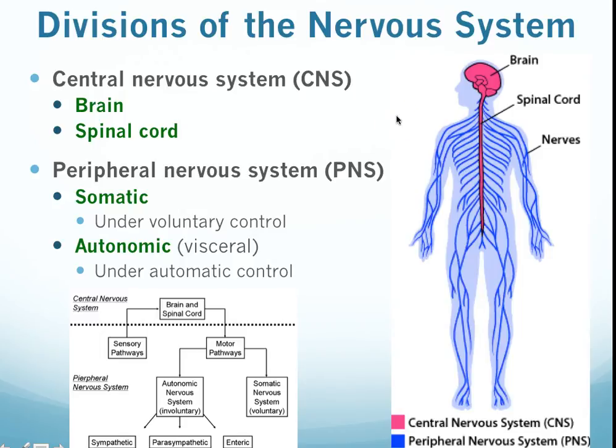So we have to have a way of receiving sensory stimulation from the environment and then cross-checking it, sending it to the brain so that the brain can then make a determination about what our response is going to be, and then sending that information back to the periphery again.